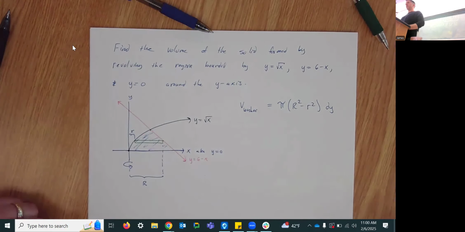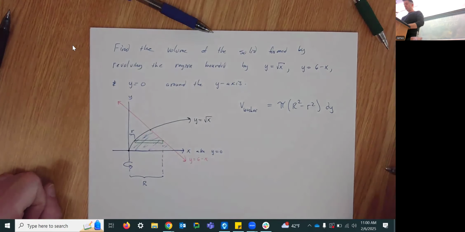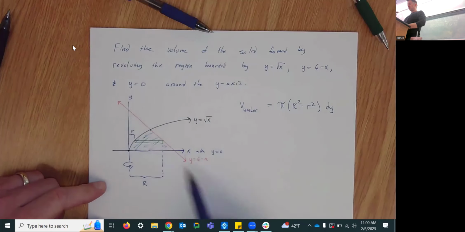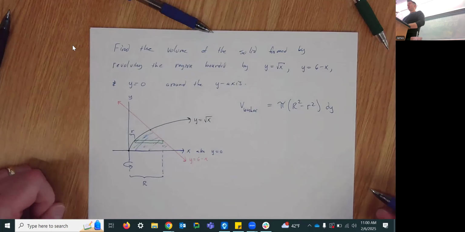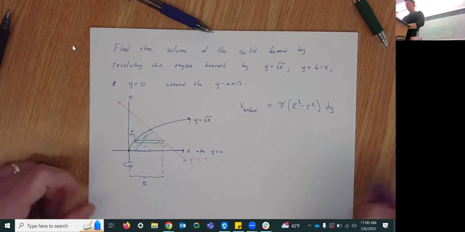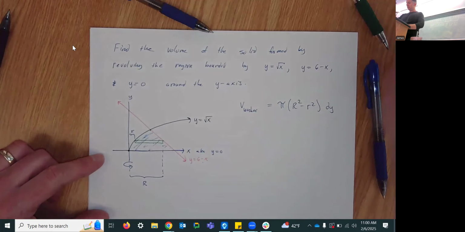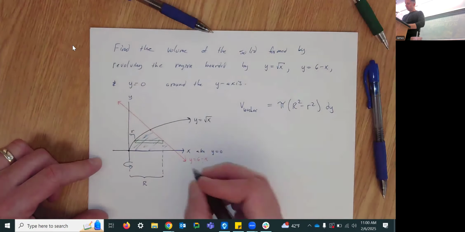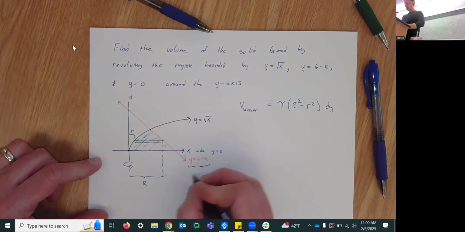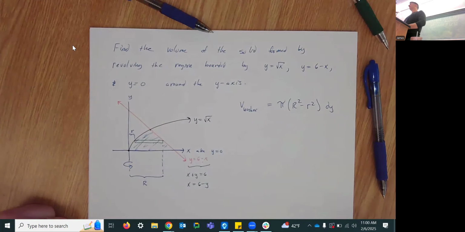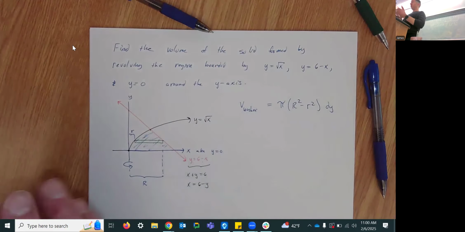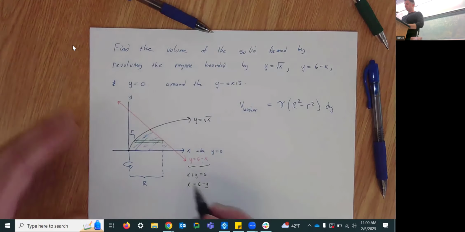It just helps me figure out what's going on. My larger radius is the right function here, but we can't do it in terms of x, so it's not going to be 6 minus x. We need to solve this and say, great, y equals 6 minus x is going to be x plus y equals 6, or x equals 6 minus y. Occasionally it does happen that it looks like you just interchange x and y. That's not normally true, but it is true for this particular function.